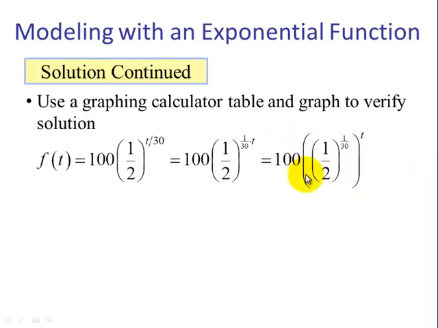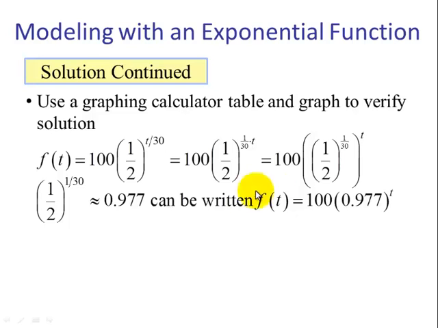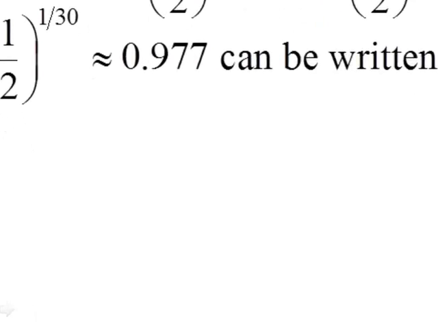So this is another way of writing this function. If we take 1/2 and raise it to the 1/30 power, we have 0.977 rounded to 3 decimal places. Therefore, we could write the function as 100 times 0.977 raised to the T power.